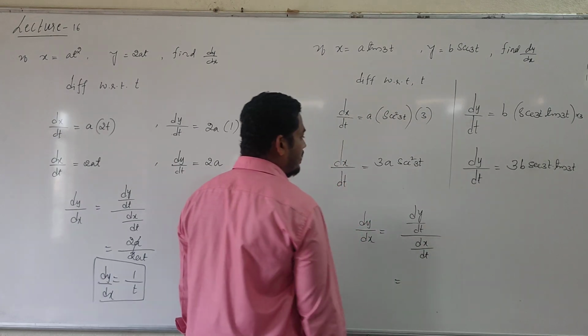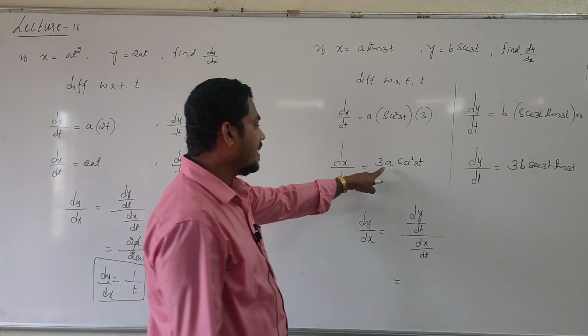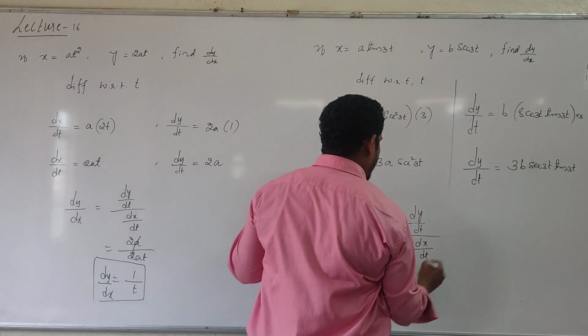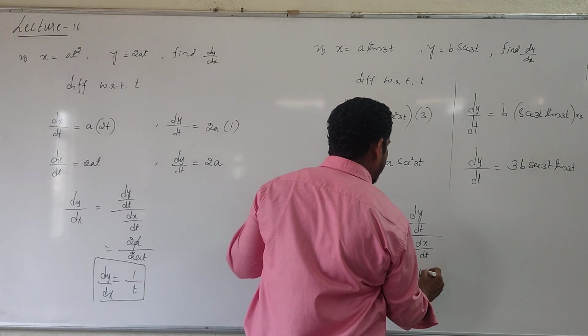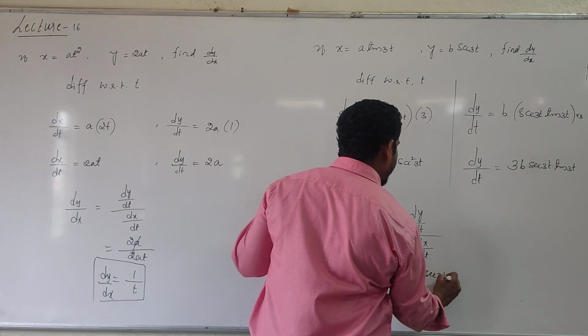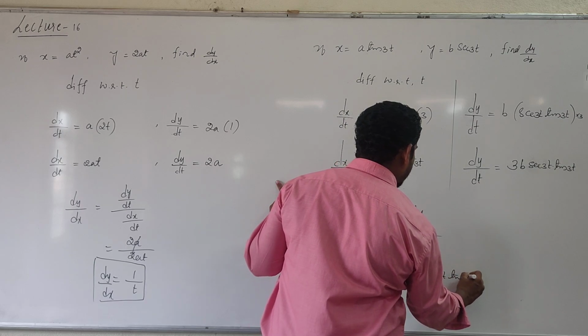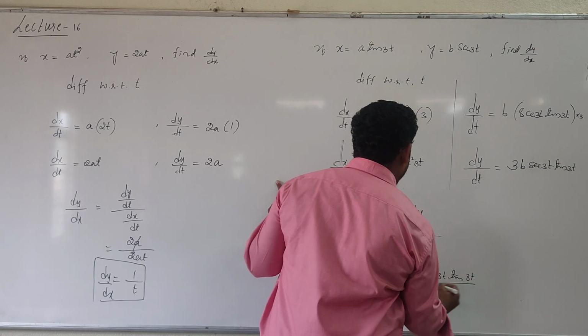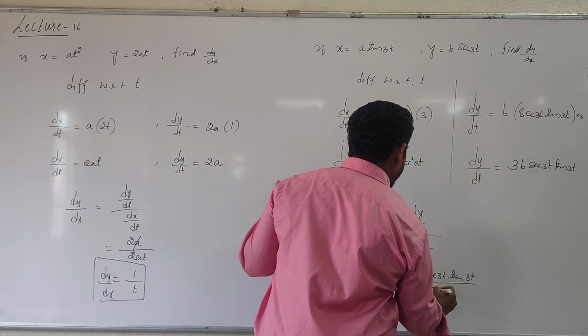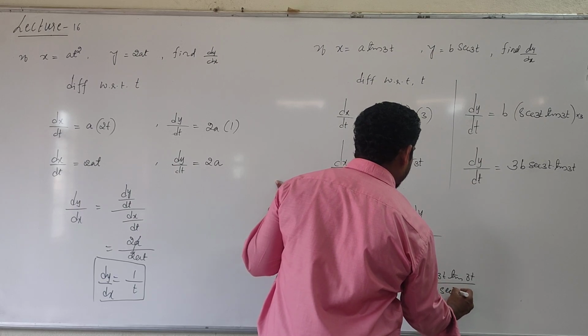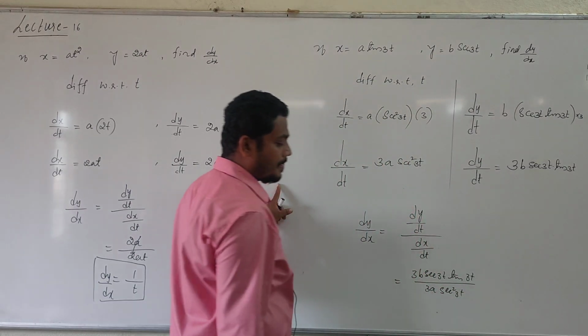So it is equal to 3b secant 3t into tan 3t, whole thing divided by 3a secant square 3t.